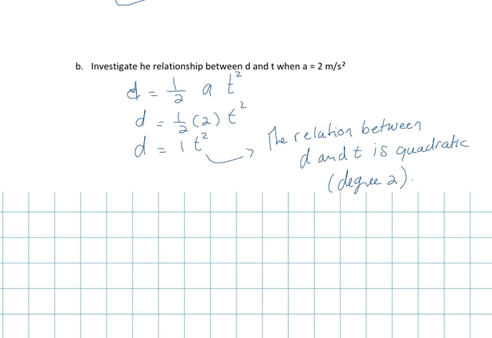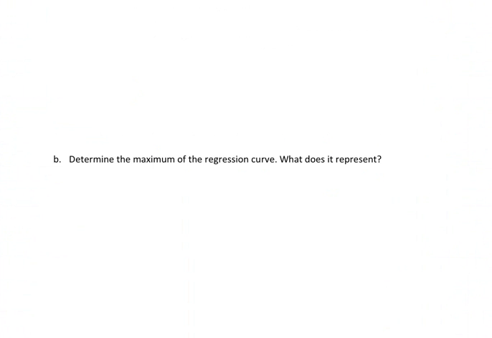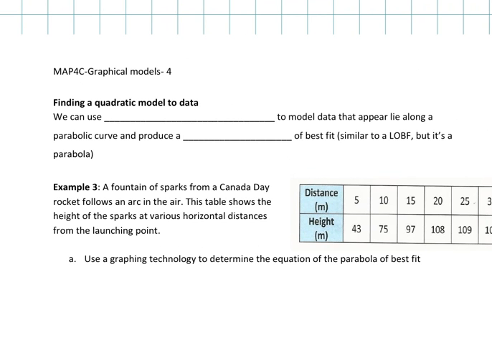So now we're gonna go to Excel, but before we go to Excel, let's just fill out the notes. As we did with linear regression, we're gonna do the same thing, but with quadratic regression, okay? So we can use quadratic regression to model data that appeared to lie along a parabolic curve.